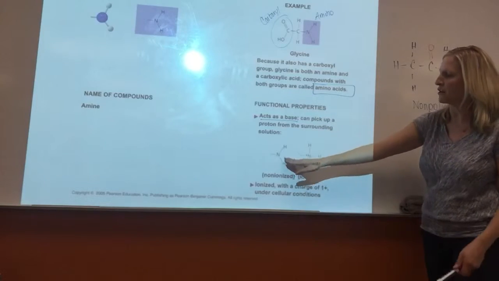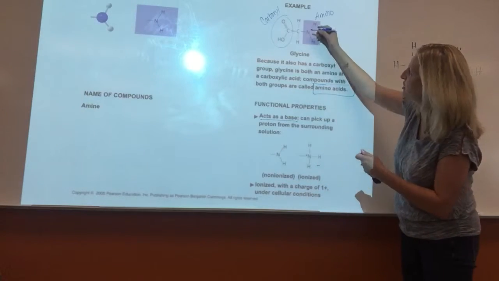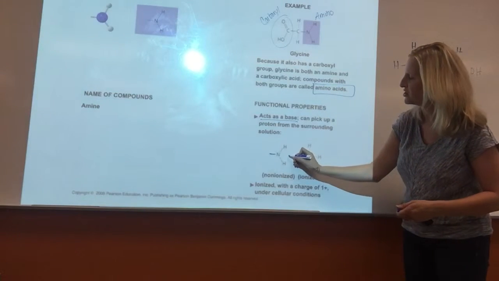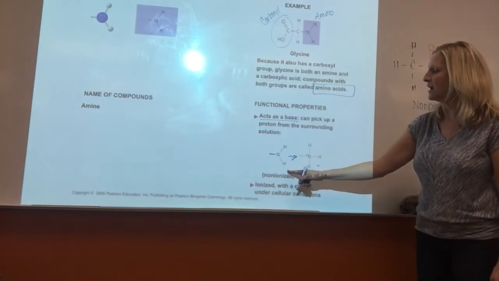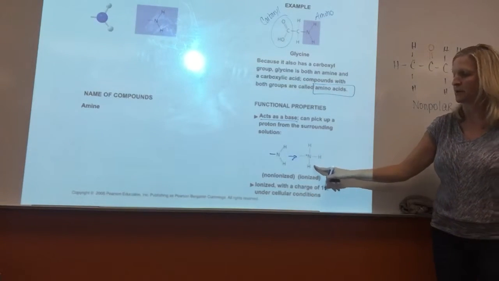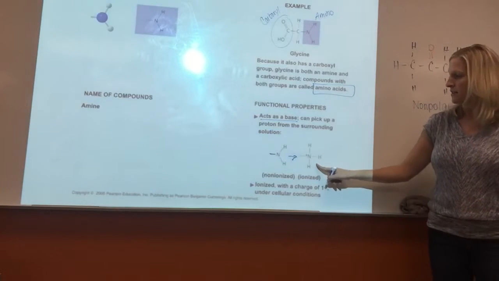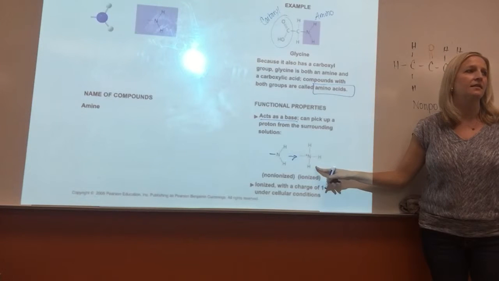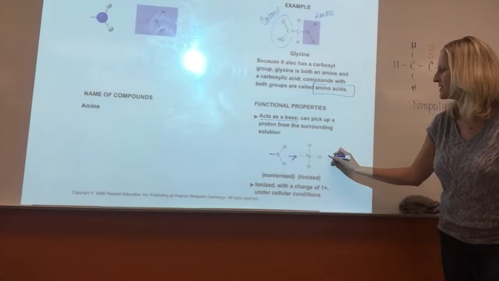So let's look down here. Here's the amino group, the NH2, so that's this part here attached to the rest of the molecule. I'm going to put an arrow here. This is what it looks like when it acts as a base. So what has happened? How did it act like a base? Madeline? It bound to an H plus. Yes, all right.